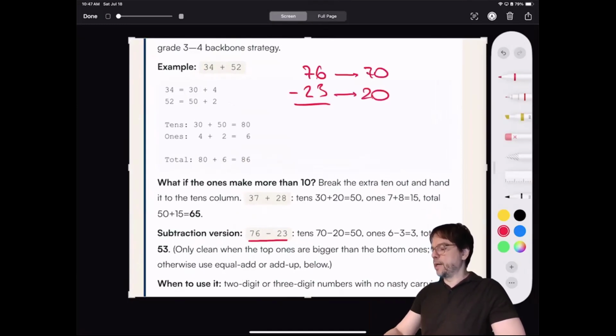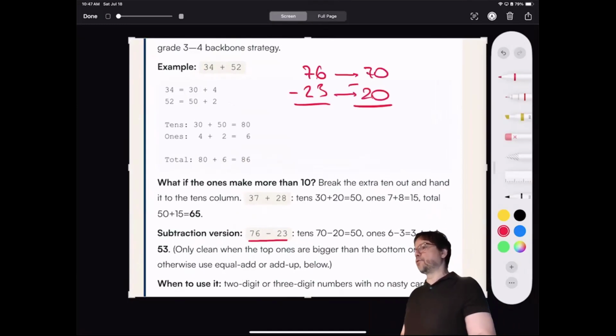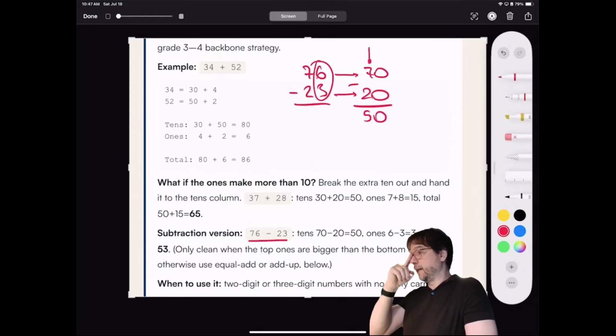You get 20. How much is 70 minus 20? Tens digit. 7 minus 2. And here, 6 minus 3. How much is 6 minus 3? 3.